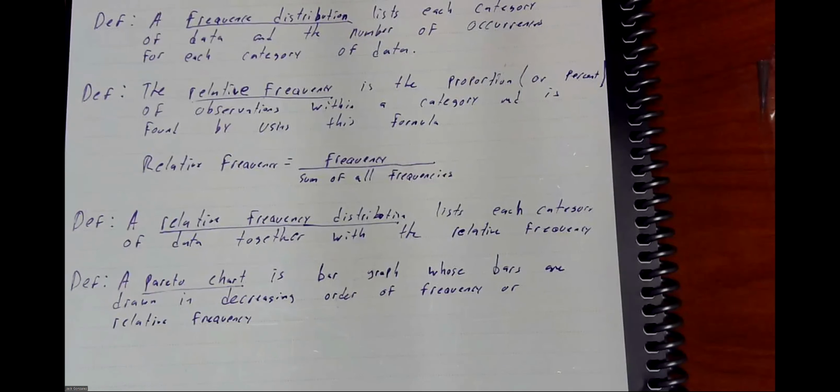The height of each rectangle represents the category frequency or relative frequency. It's true, but it doesn't mention the descending order, right? That's just the point. There's no D.